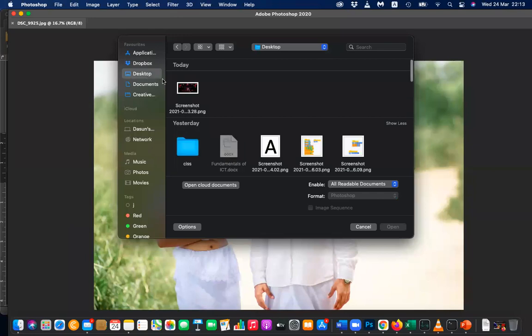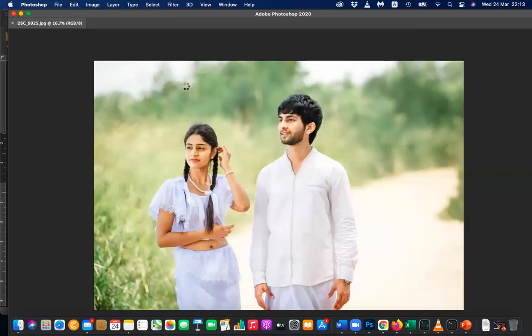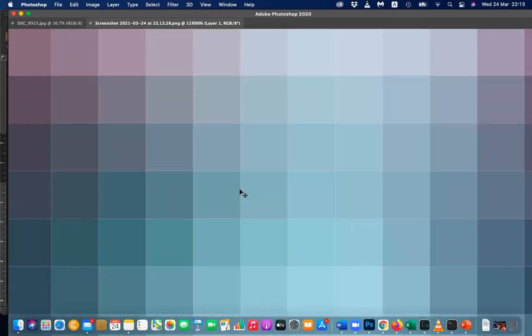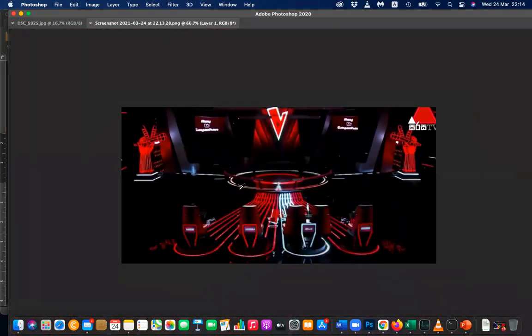There you can see. Let's zoom in, and you can see the pixels over there. So that's all. In a video, you have pictures. In pictures, you have pixels. So a video has multiple pictures played back in a sequence.